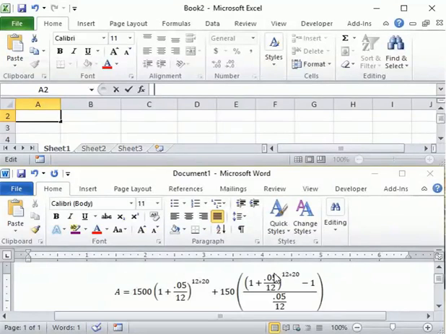Turns out we actually need more as we type this in, particularly here where I have this long bar division. I need to make sure I have some parentheses around this top part and around the bottom just to make sure it keeps those separate, because I have to do the calculations up here and the calculations down here before I can do that division. And so adding in those extra parentheses makes sure that it will do that in the right order.